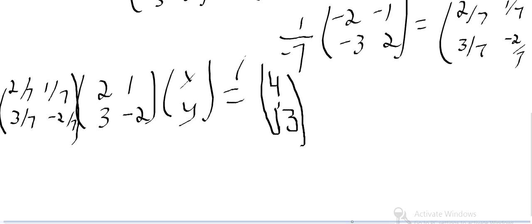There's not enough space to write it out, but because this is the inverse of the original matrix, it just cancels out to the identity.